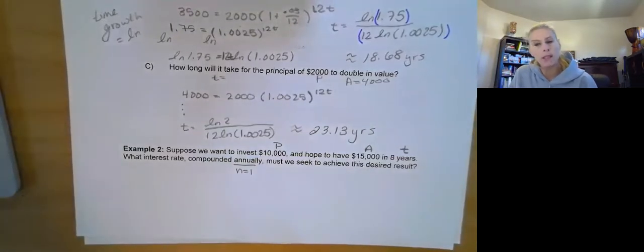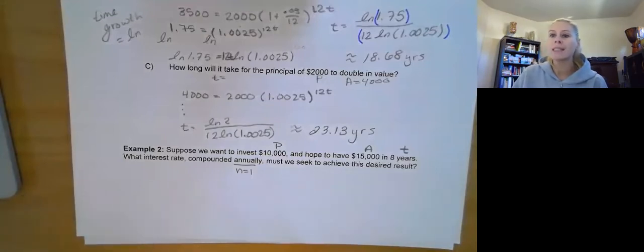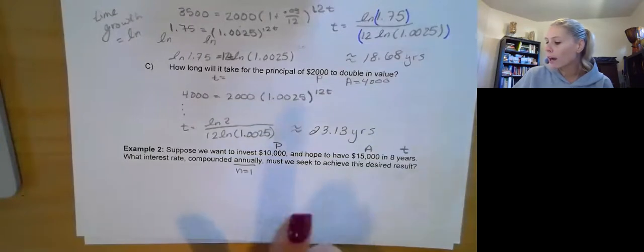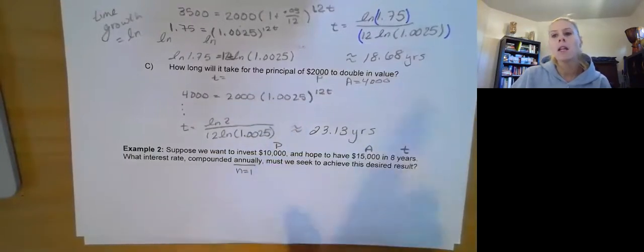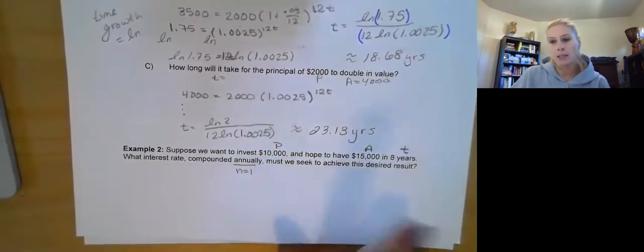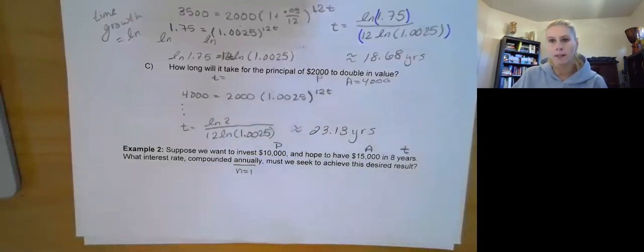And this is what your parents do all the time when buying a house. Well, of course, you always want the lowest rate possible, but you have to calculate how your mortgage would be and how much you have to owe in the long period of time based on the rate that's given to you. So if we had this goal of investing $10,000 and wanting $15,000 in 8 years, we need to figure out what's a great rate for us to try to invest this at.